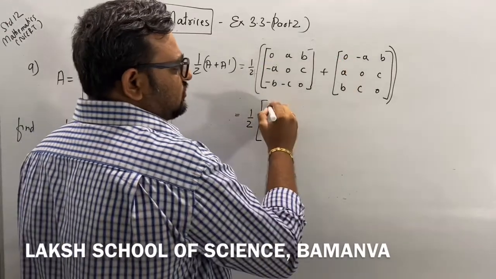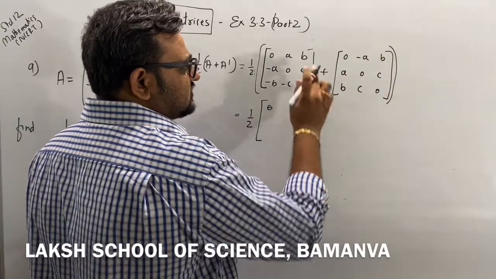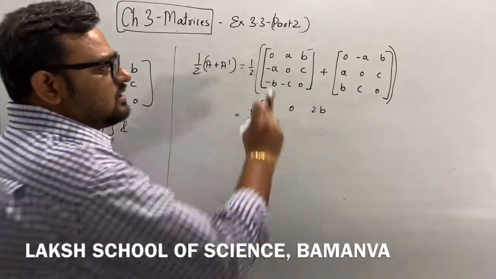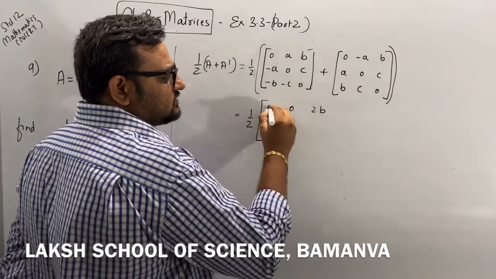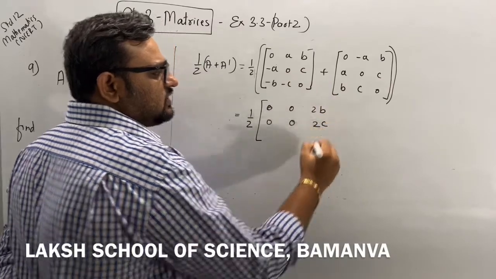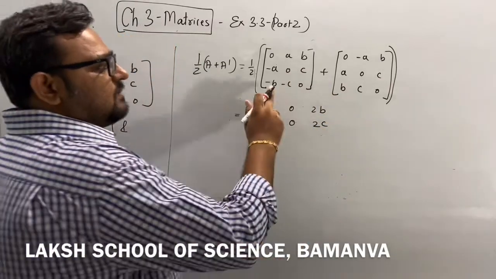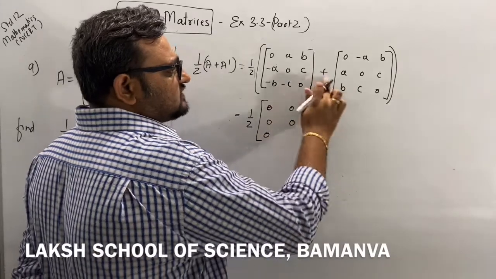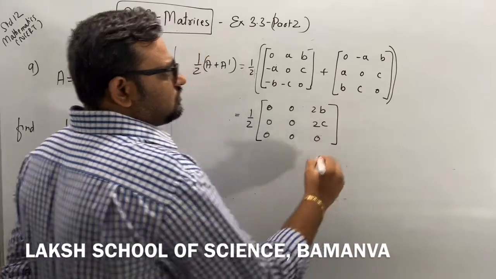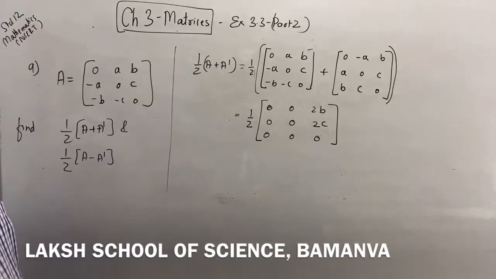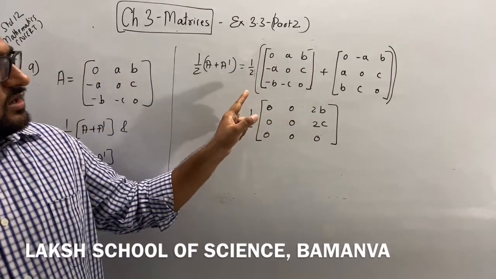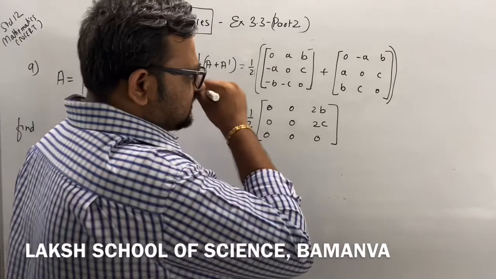Half 0 plus 0, 0, A minus A, 0, B plus B. Okay, let me check. Have we counted 0 A B, minus A 0 C? Okay, here I just made a mistake.